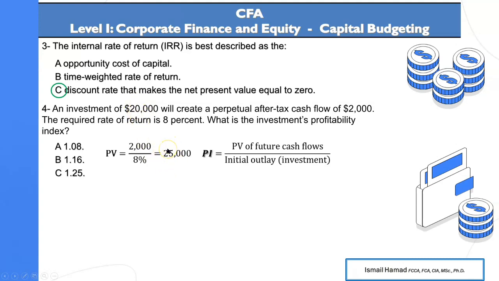If it is more, that means I will divide 25, or whatever is more than 20, by 20, which will give more than 1. In this case 25,000 present value divided by initial outlay gives 1.25, and this is the answer, number C.